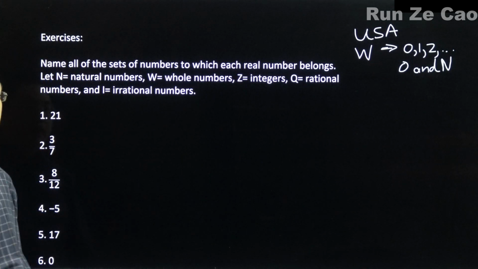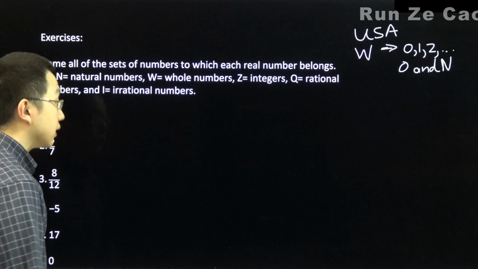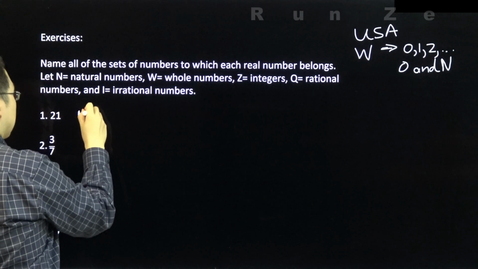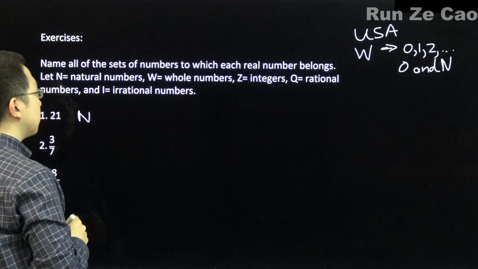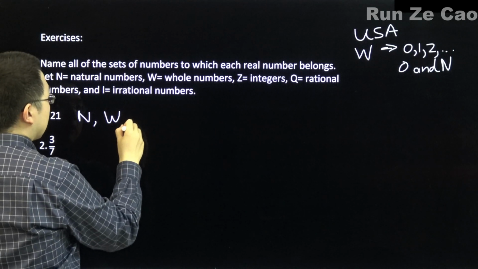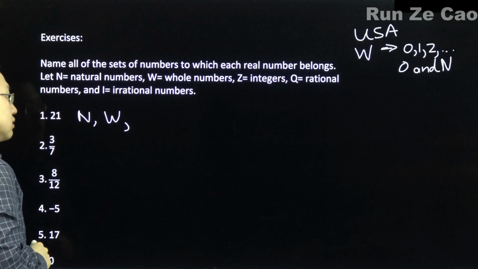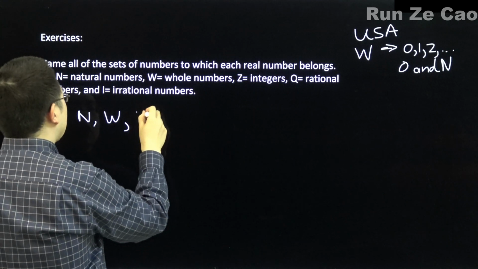Now, 21. Is this a natural number? Yeah, it's a positive integer. Natural number. Is it a whole number? Is it an integer from 0 to positive infinity? Yeah, according to the Americans. The rest of the world doesn't really bother that much. Is it an integer? Yeah.